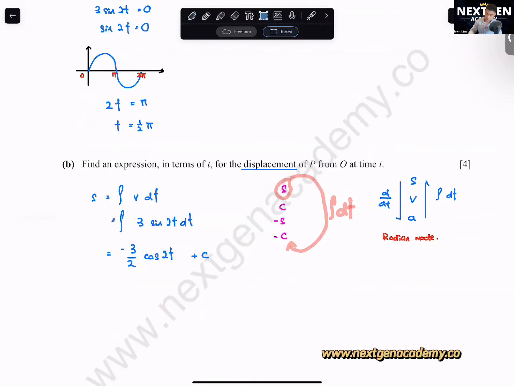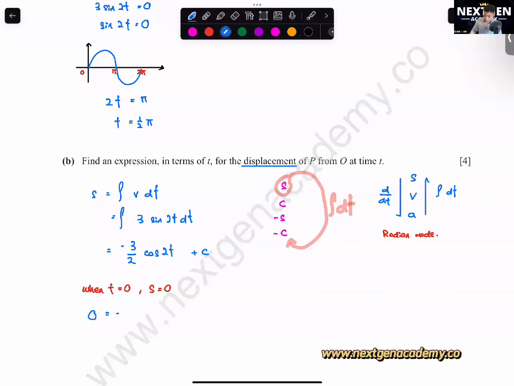How do we find c? By default, you need to remember this. Whenever you integrate until s, which is your displacement, you have to remember that when t equals 0, s will be equal to 0. That means at your initial time, the displacement will be 0, because the particle hasn't traveled yet. This is always true.